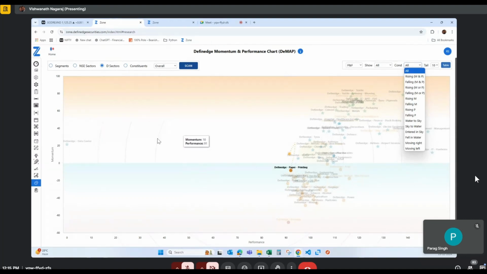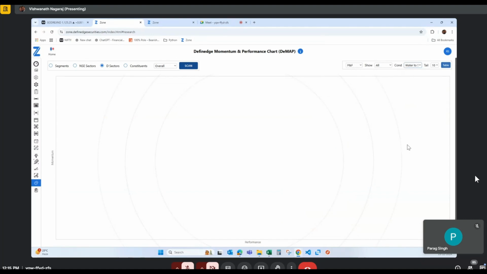Whether it's going to the left or straight, or it's going towards both, momentum and performance are increasing, we'll worry about that later. One example here, you got it is already passed, but you can see data centers looking interesting. But here when I say water to sky, I will not see anything because it's already passed.